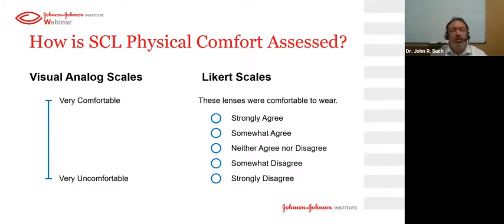With the visual analog scales, we're asking patients simply to mark a line anywhere on that bar that denotes how they feel about that question, so in this example, being comfortable. With Likert scales, we always present them with either a statement or a question, and it's more of a multiple choice selection. The responses are pretty much provided. They just have to choose which one applies to them.